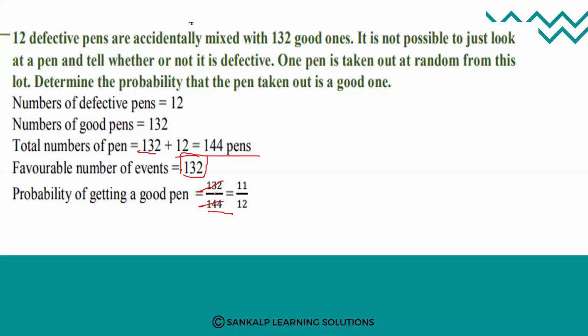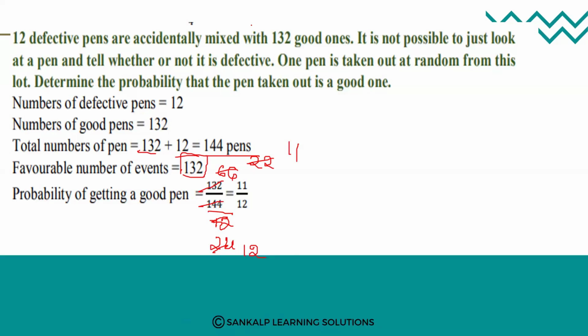If I cancel it, then 2 sevens are 14, 2 twos are 4, 2 sixes are 12. So 3 twos are 6, 3 fours are 12, 2 ones are 2. That means 11 divided by 12 you will get.